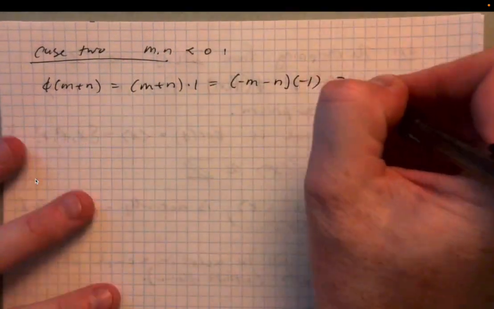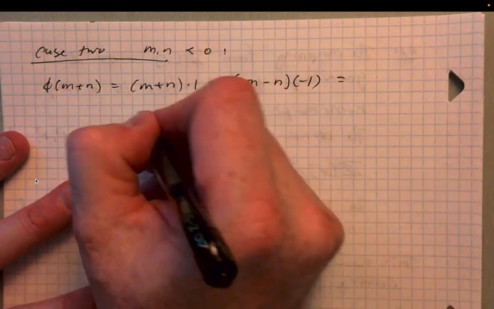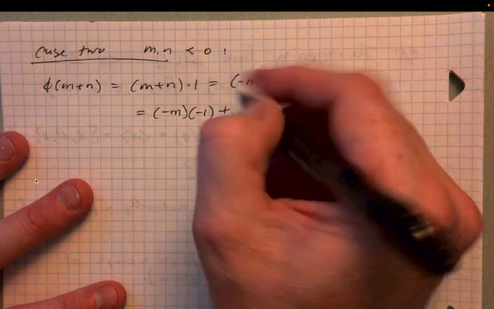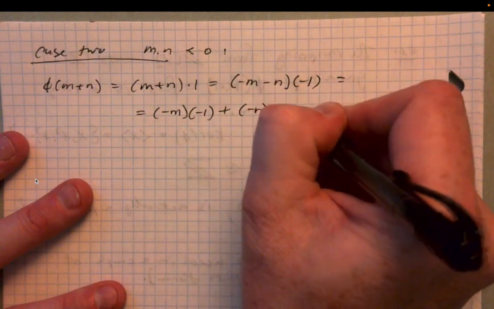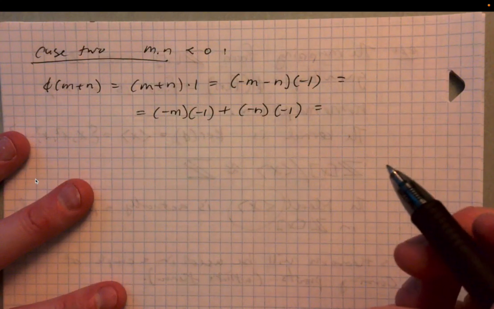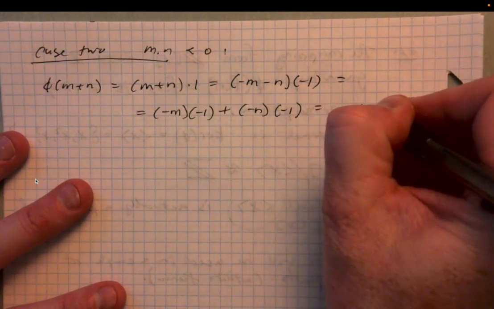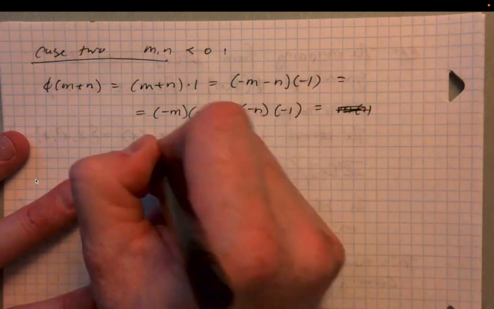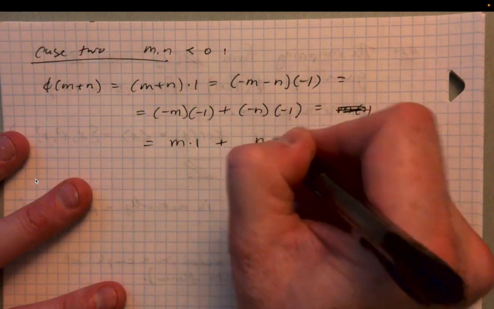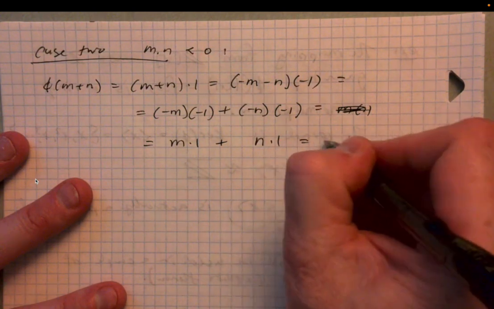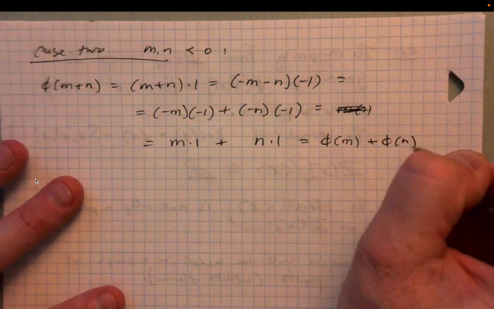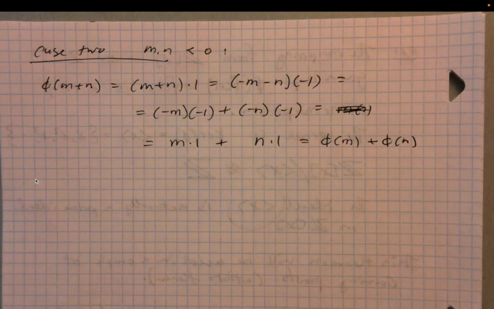And so this is equal to negative m times negative 1 plus negative n times negative 1. And that's equal to m times 1 plus n times 1, which is phi of m plus phi of n.